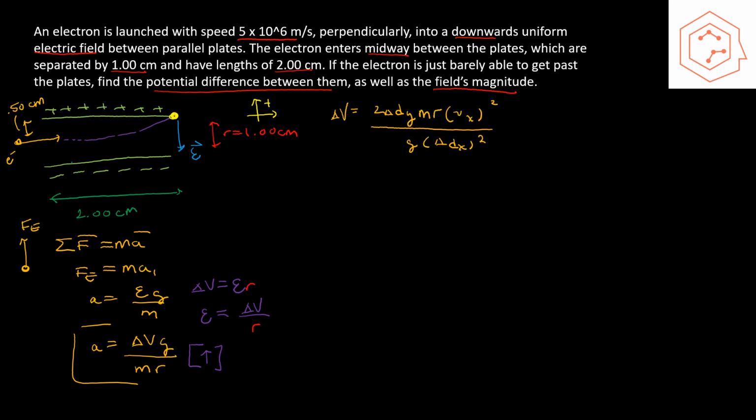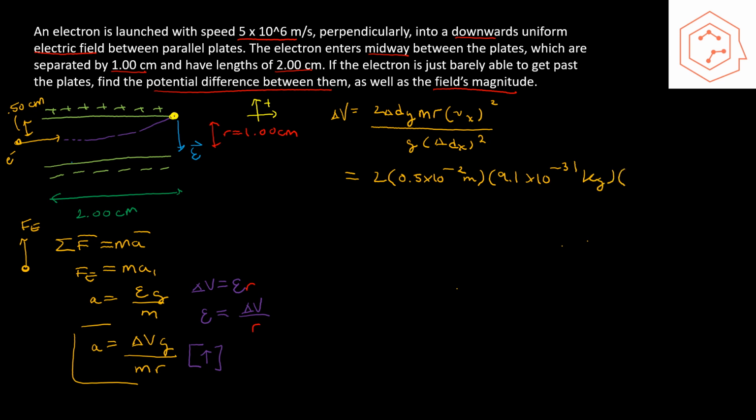So if we substitute in, we get 2 times delta dy, which is 0.5 centimeters, or 0.5 times 10 to the negative 2 meters. M for an electron is 9.1 times 10 to the negative 31 kilograms.